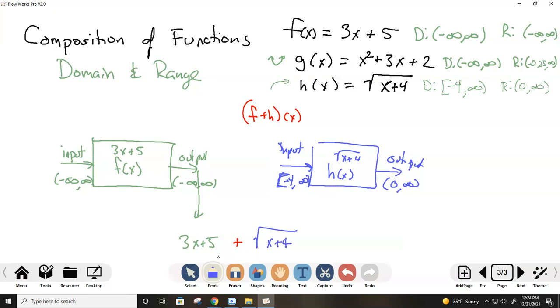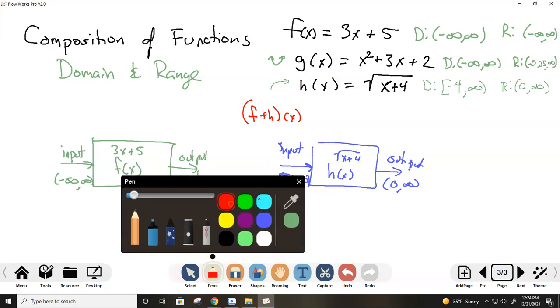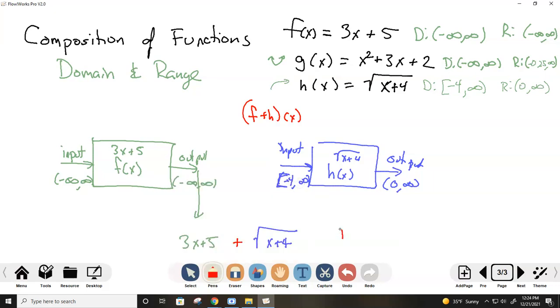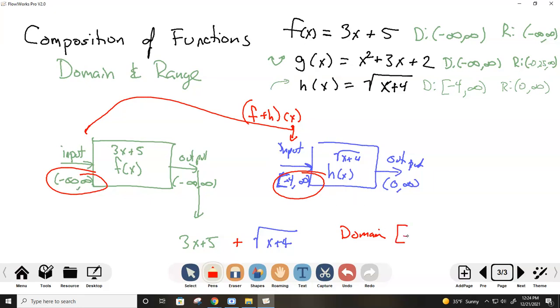This one's a little bit obvious because I can't really combine any of that together. But my domain is still going to be, I have to say what I can plug in, and I'm plugging the same number. This x goes here and goes here. So it has to be part of this domain and part of this domain. Since this is everything, but this is limited, I'll go with that domain, negative 4 to infinity.